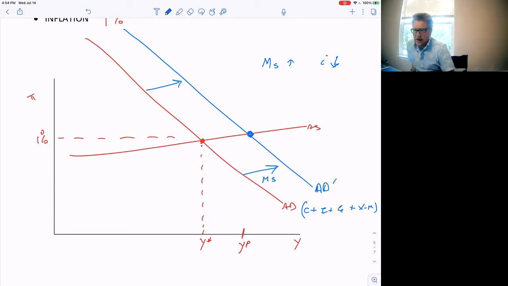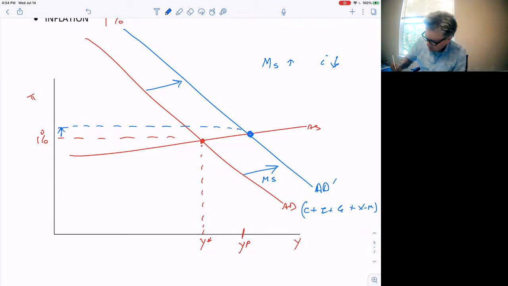That recessionary gap will be shorter, and it might increase the inflation rate. Depends on the shape of that short-run aggregate supply curve. If it's fairly flat, then we won't see an increase in the inflation rate right away. The inflation takes a little more time to show up than a change to GDP in the economy.